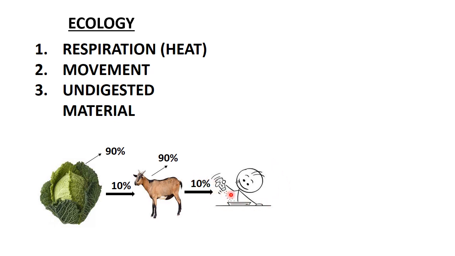Again, this Mr. Man, through movement, undigested material, maybe bones here, and respiration, 90% is going to be lost. And whatever is going to feed on this Mr. Man, let's say a lion, is going to get 10%.